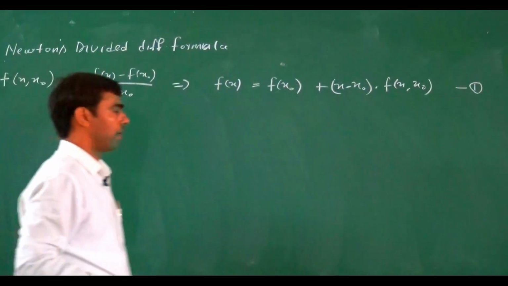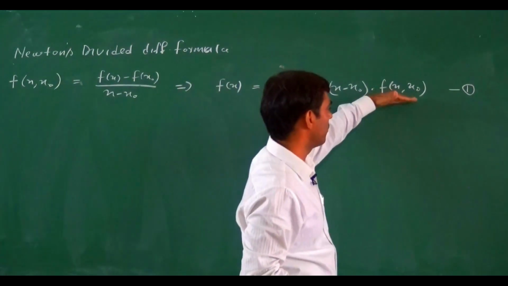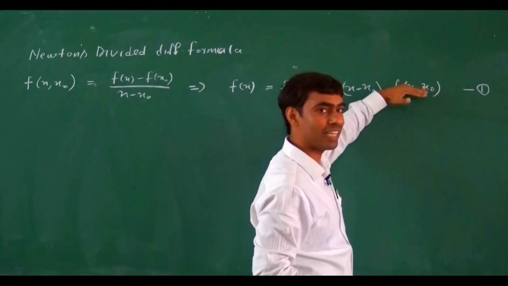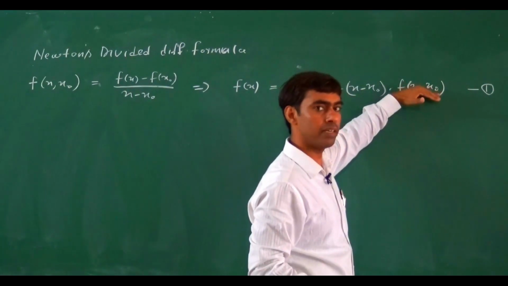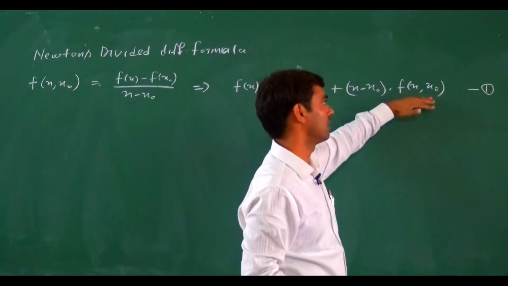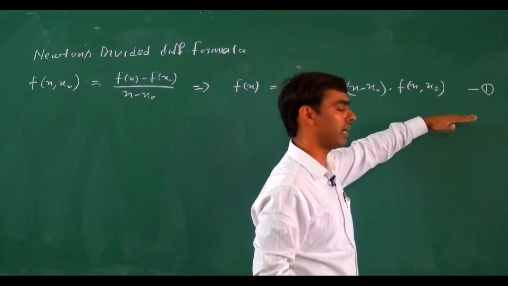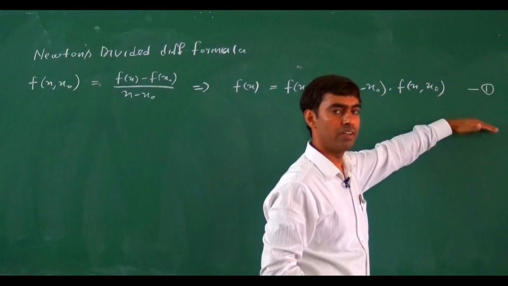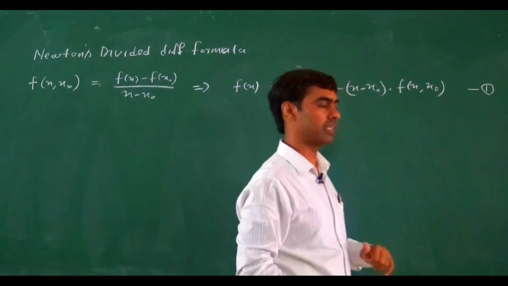Now in the next step, we replace the value of f of x, x0 with the help of a second order divided difference. Then again we replace the value of f of x, x0, x1 with the help of a third order divided difference.